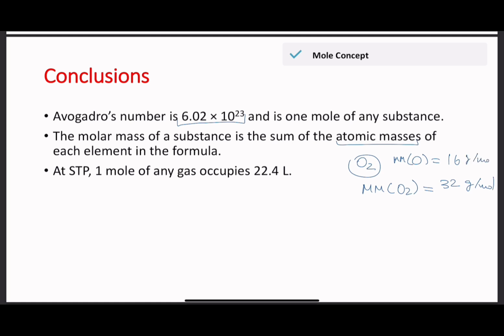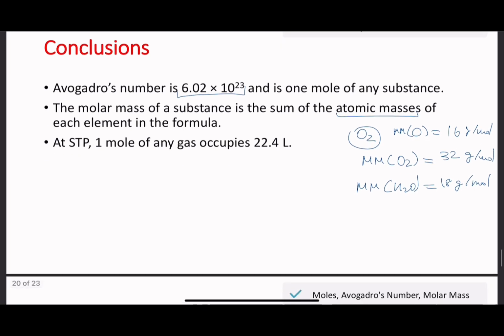This is gram per mole too. And the water, for example, we have hydrogen and oxygen, which will make it 18 gram per mole. And then at STP, 1 mole of any gas occupies 22.4 liter of volume. And STP temperature is 0 degrees Celsius and pressure is 1 bar or 760 millimeter mercury.